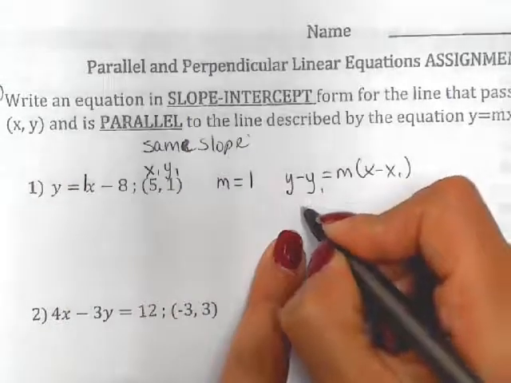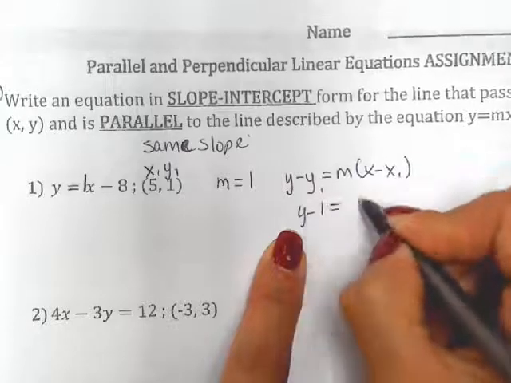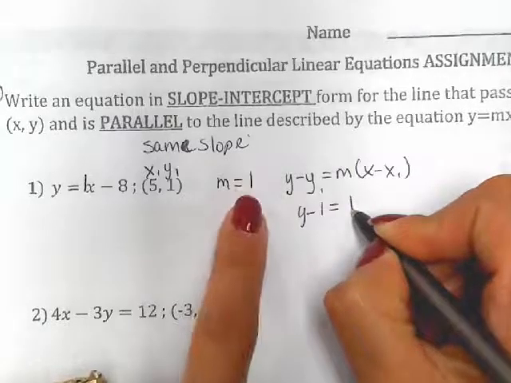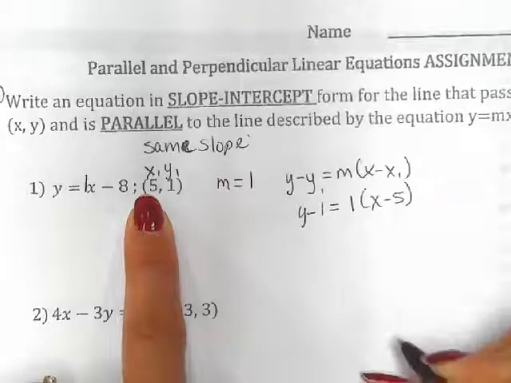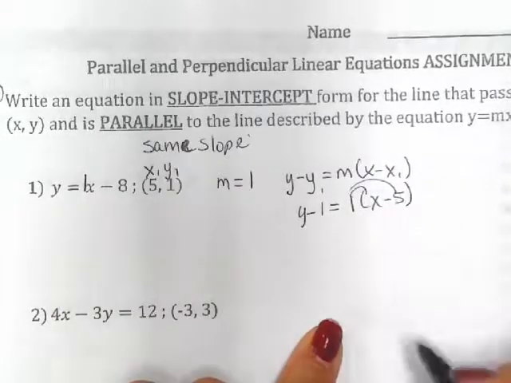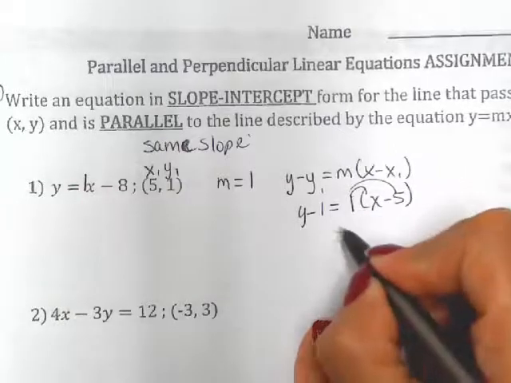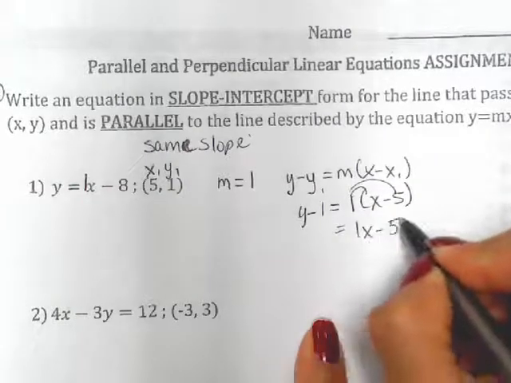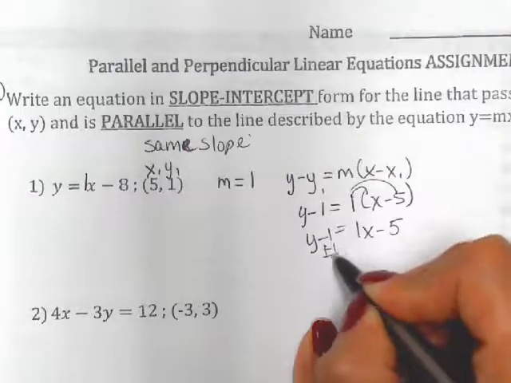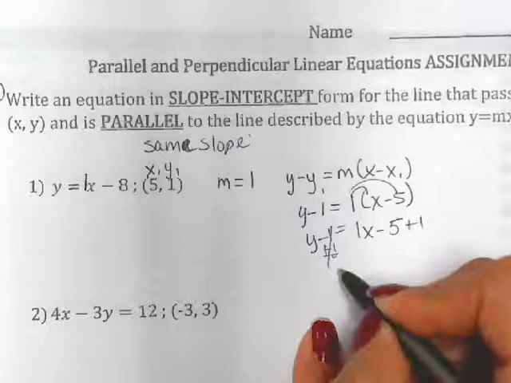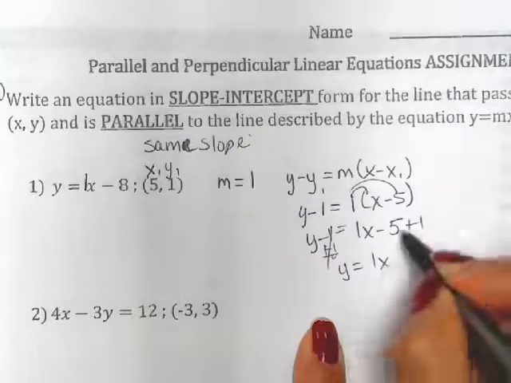So y minus 1 equals 1, that's my slope, and then (x minus 5). Then we're going to distribute again, just like we did in the last handout. 1x minus 5 minus 1, and then the opposite of subtracting a 1 is adding a 1, so add a 1. y equals 1x minus 4.